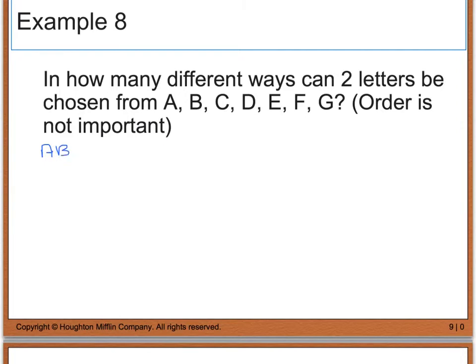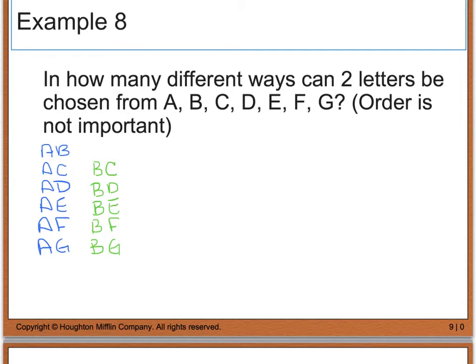I know that I can have A and B, A and C, A and D, A and E, A and F, or A and G. I can then go B and C, B and D, B and E, B and F, B and G, or C and D, because C has already been paired with B and A in the previous 2 columns. So I have C and D, C and E, C and F, C and G.